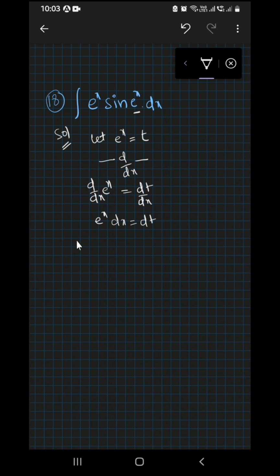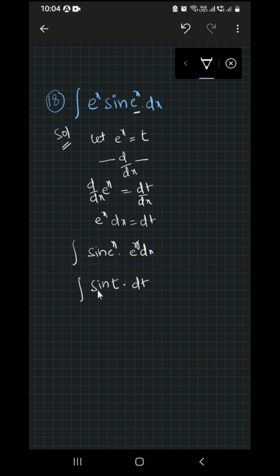We get integration of sine of e power x into e power x dx. Sine of e power x is sine t, and e power x dx is equal to dt.